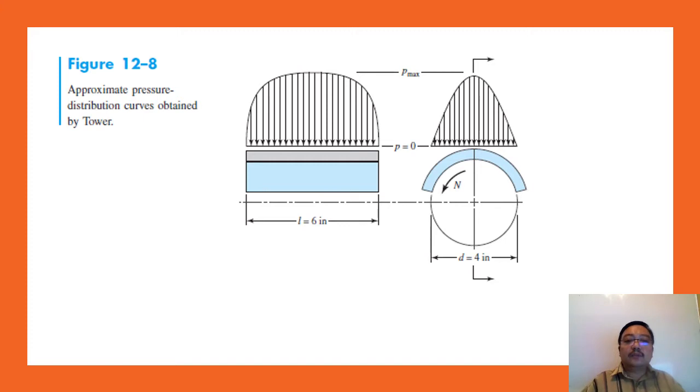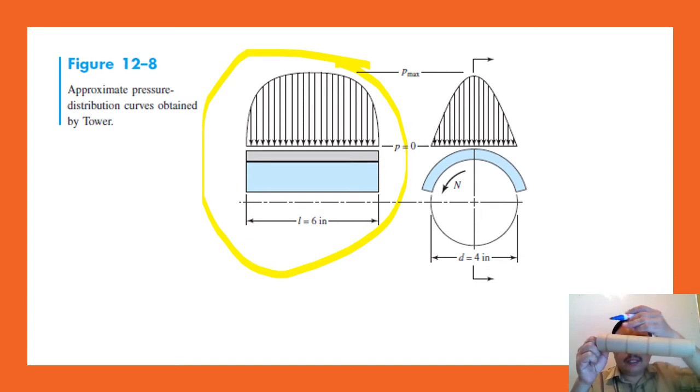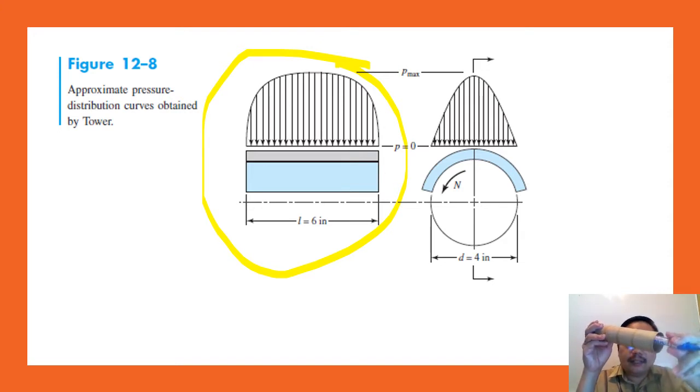The approximate pressure distribution curve obtained by Tower. This picture here on the left represents this position. If you can imagine, the journal inside is like this. This is the bushing, this is the journal, and it goes up and down, up and down like that.